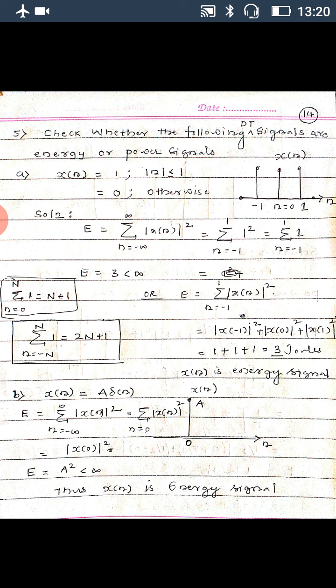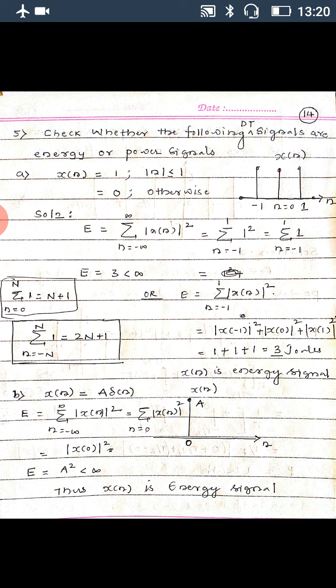Comparing this standard formula with the energy E, the summation from n equal to minus 1 to 1, in place of minus N we have minus 1, and in place of plus N we have plus 1. So capital N value is 1 here, and 2N plus 1 means 2 into 1 plus 1, so 2 plus 1 is 3. So the value of the energy is 3, which is less than infinity. So the energy content is finite, and we can say that the signal x of n is an energy signal.